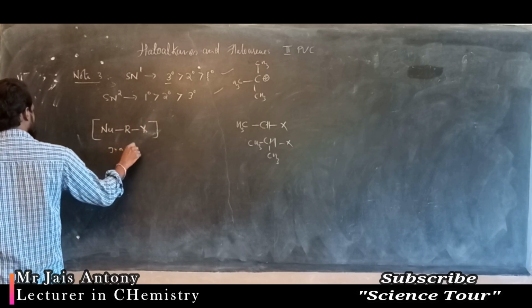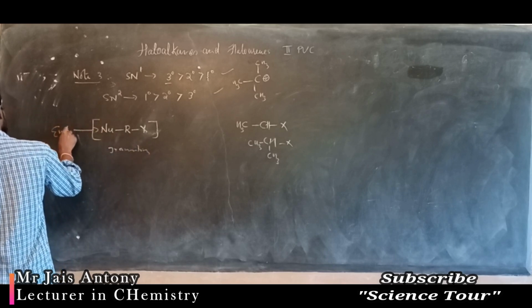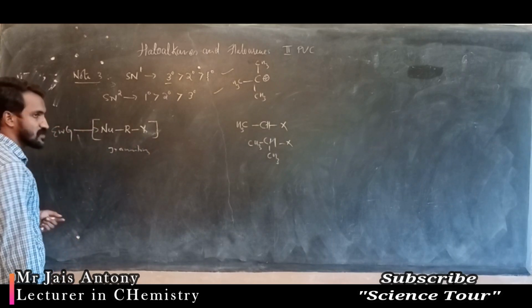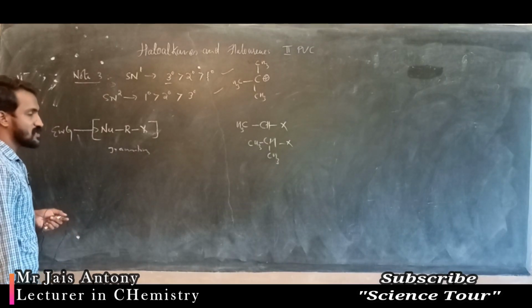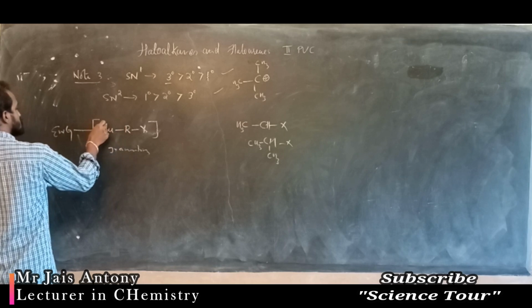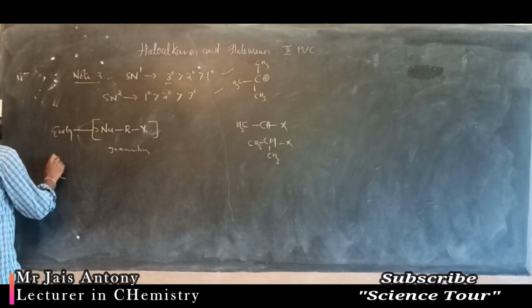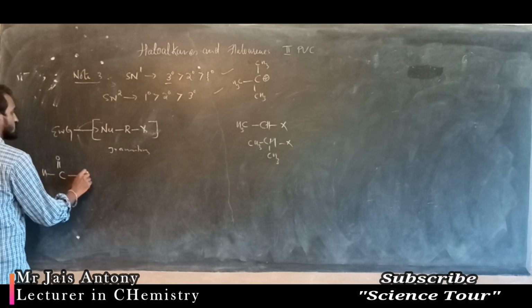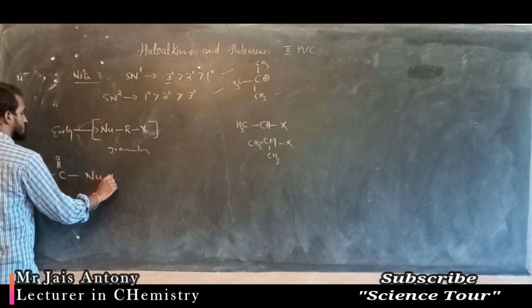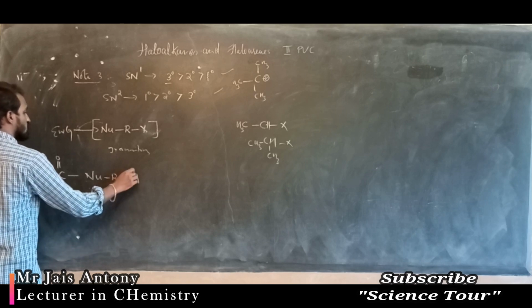I explained, correct? Suppose an electron withdrawing group is attached to this particular carbon. What happens? The electron cloud from this nucleus is attracted towards which side? The electron withdrawing group. For example, COH, the aldehyde group, is an electron withdrawing group. Imagine it is attached to this one. What happens?